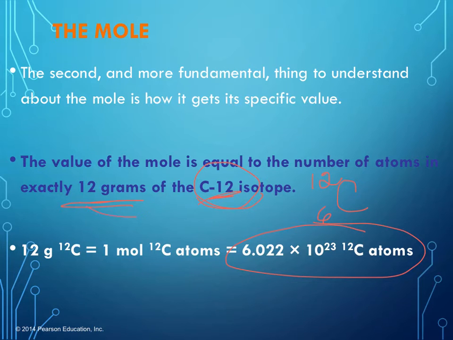Okay, so if scientists weigh out exactly precisely 12 grams of this isotope of carbon, it turns out that in that 12 grams are precisely 6.02 times 10 to the 23rd atoms of carbon-12. And so that's where the number came from. Kind of just needed a foundation basis.